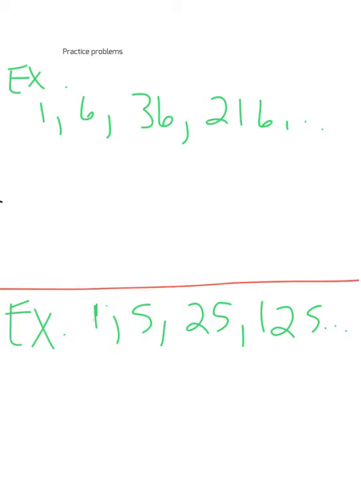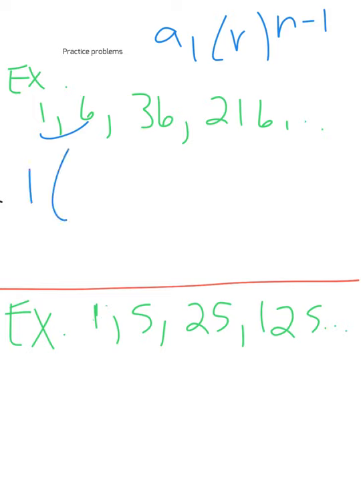Okay, for these we're going to find the 8th term. So the first thing we have to do is divide these two. So our r will be 6 divided by 1, which is 6. Our first term, remember the formula is a sub 1 multiplied by r raised to the n minus 1.